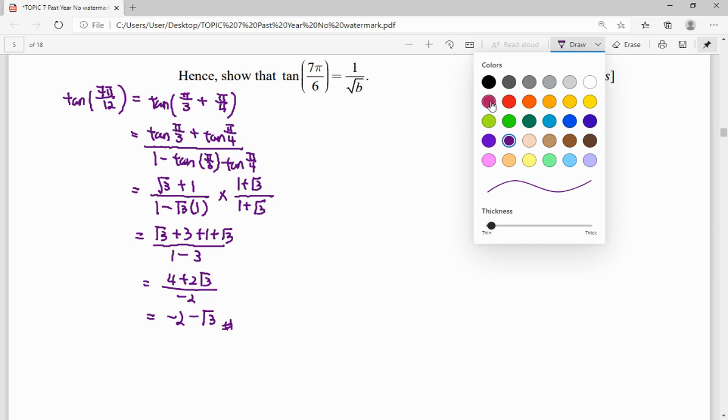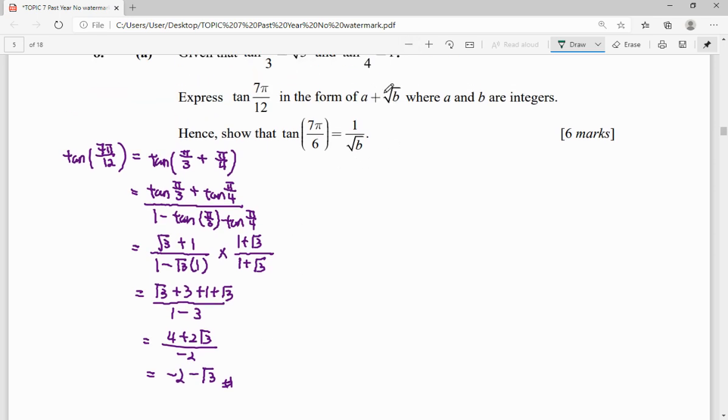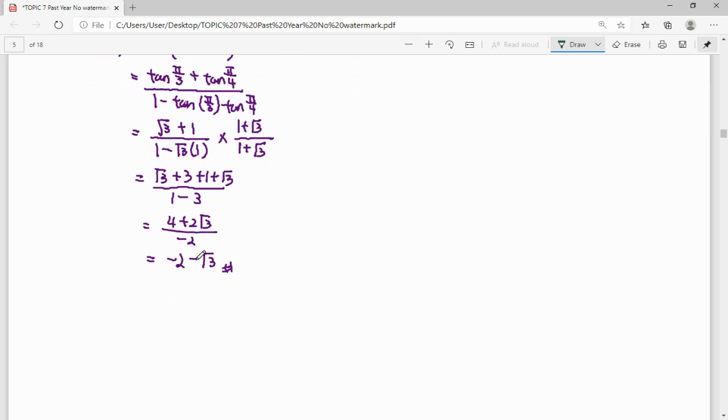And then we move on to the second part of the question. The question says, hence, show this is equal to 1 over root b, meaning 1 over root 3, where this is our a and b. So this is our a part, this is our root b part.